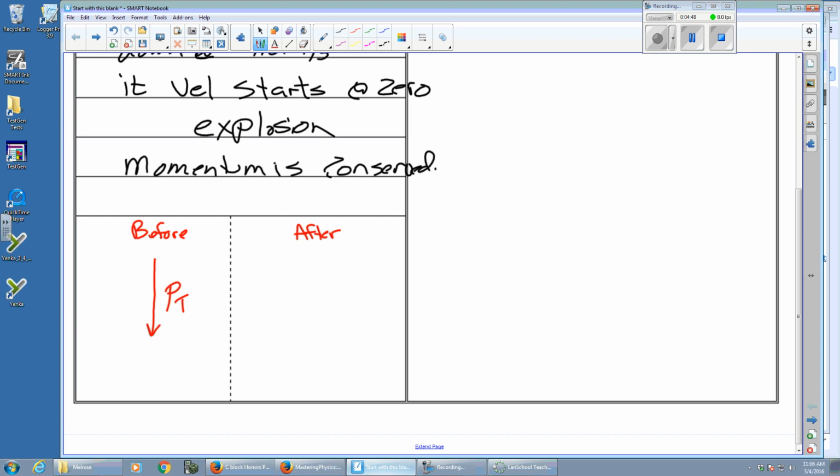How many pieces of the firecracker are there afterwards? 2. Now, there could be 3 or 4 or 20 million, right? But we'll keep it simple, and then we'll move on to the harder ones. Save those for the test, the 20 million ones. So one is moving in that direction, and the other one's moving in that direction.